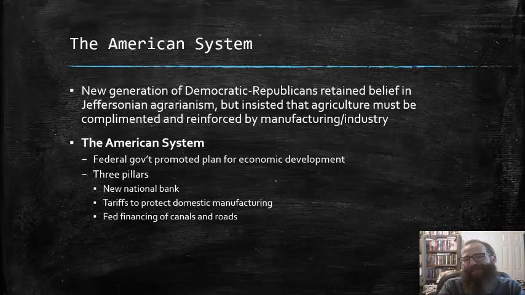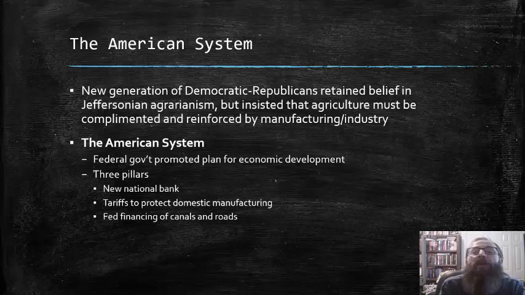During this period, beginning in the late 18-teens, a whole new generation of Democratic Republicans emerged onto the political scene in the United States. And this new generation retained that belief in Jeffersonian agrarianism, but also insisted that agriculture must be complemented and reinforced by manufacturing and industry.